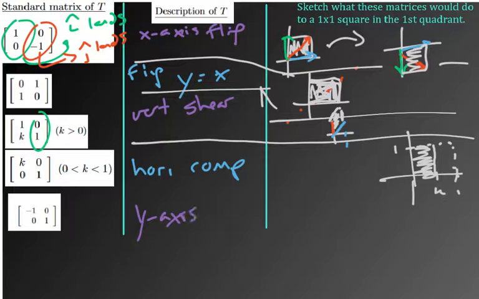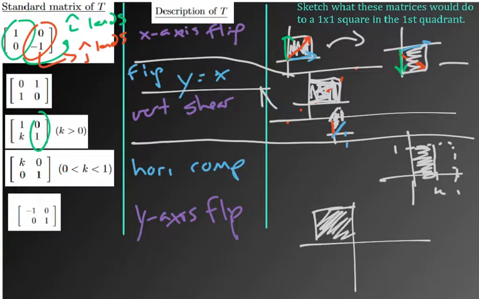And so it would look like this. It would just take your box that was over here and flip it over the y-axis. So it can definitely get really complicated if you start putting numbers everywhere, but I think these are good teaching examples for what intuitively a matrix is doing. Always just look at it as, where does i hat go, where does j hat go?